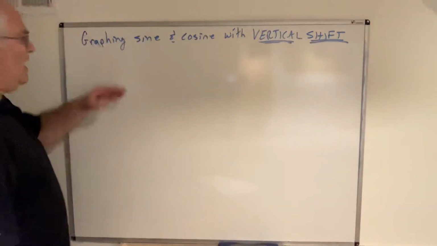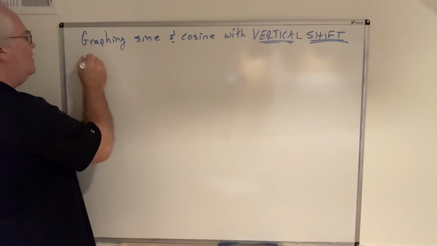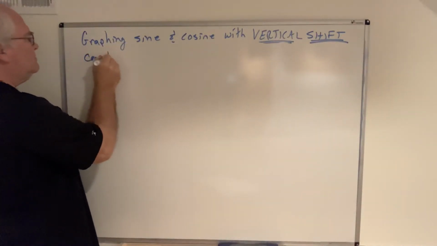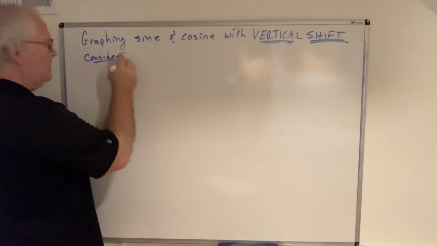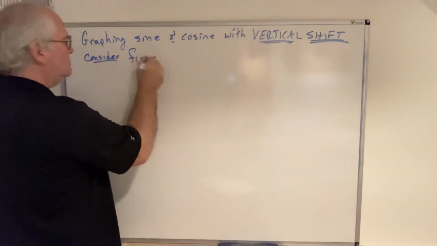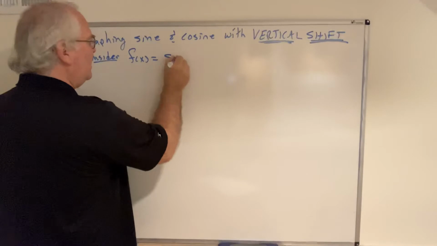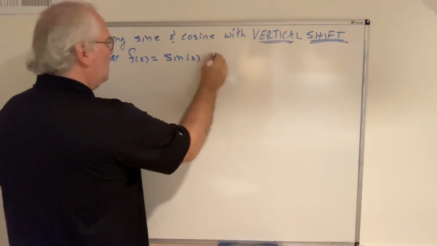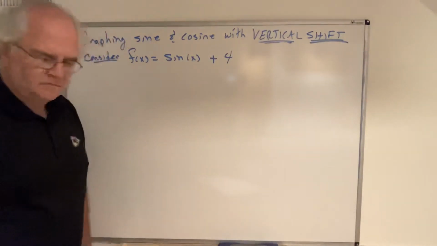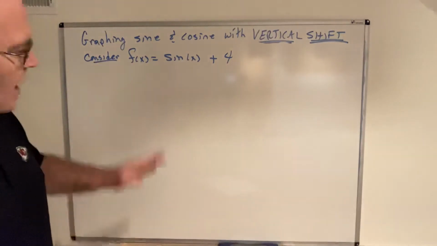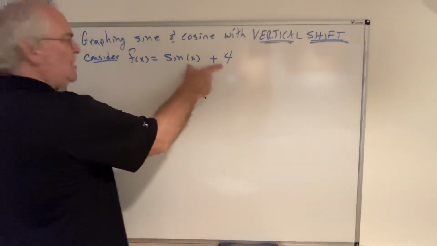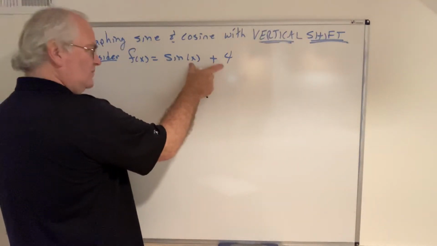And so in an exactly similar fashion, we now consider, suppose we have sine of x plus 4. Now, I should caution you. Sometimes you'll see it written this way.